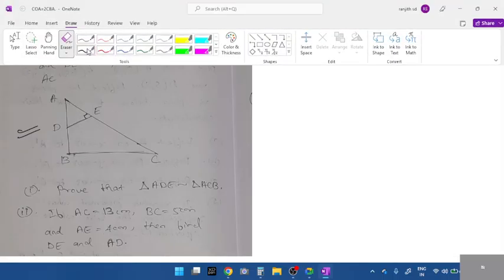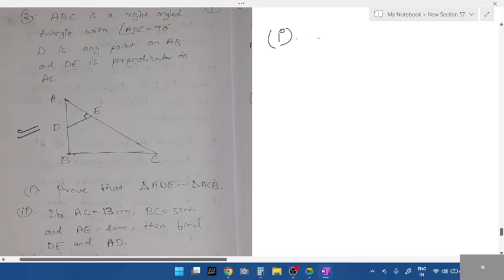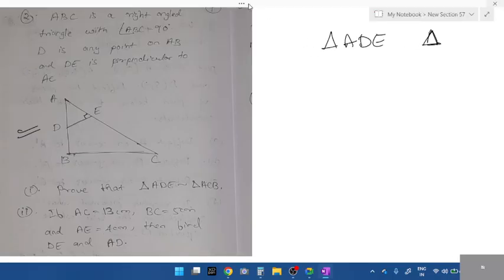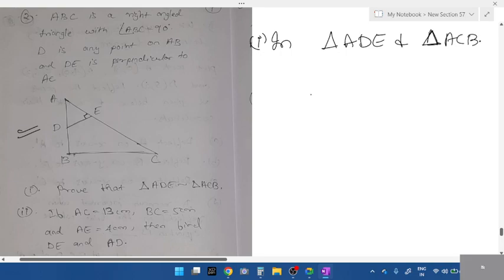AD is very small. So let us prove the first part. Prove that triangle ADE is similar to triangle ACB.